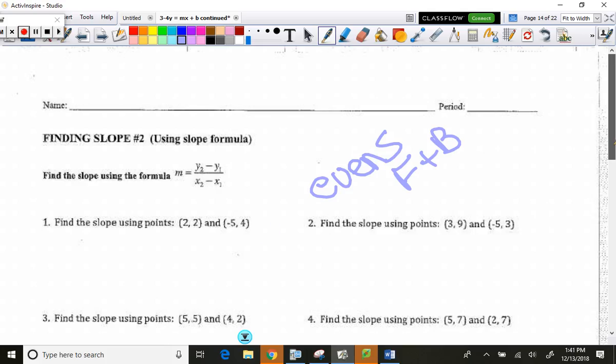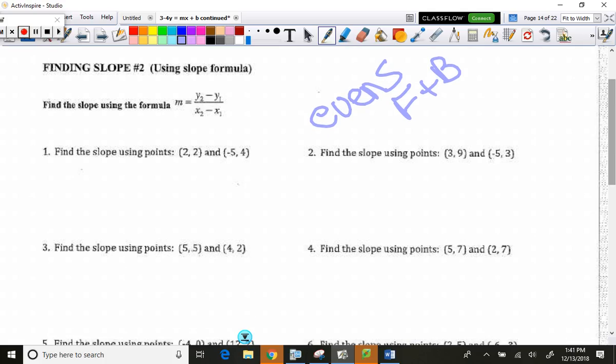So when we're doing these problems, what we're looking to use here is our formula, which was m equals y2 minus y1 over x2 minus x1. So the first thing I do is label my points. So this is x1, y1, because points are always x comma y. x2, y2. My formula says y2 minus y1.